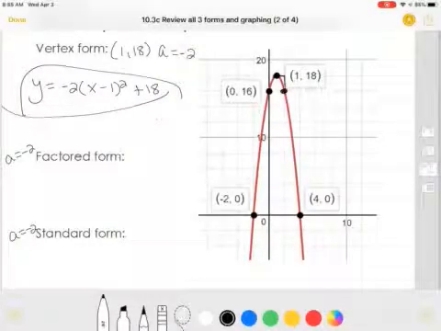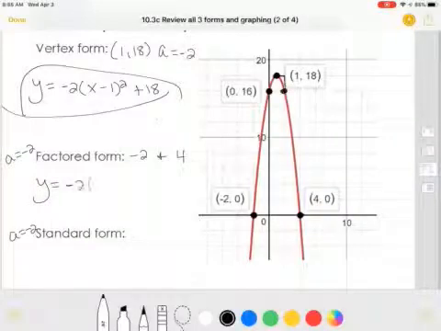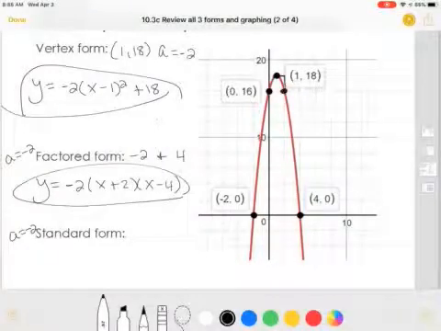Well, factored form, we've got those two x-intercepts of negative 2 and 4. So we just plug those into our formula. Well, x minus a negative 2 becomes x plus 2, times x minus 4. This would be a good time to practice multiplying one or both of these out.